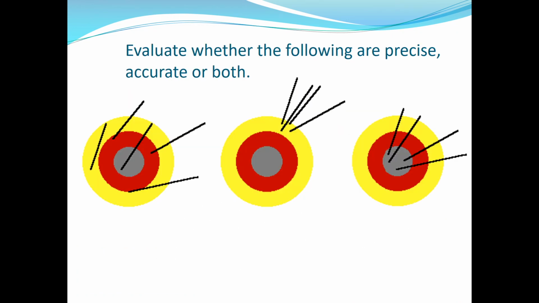Some tools, for example, the more accurate you get, meaning the closer you are to a certain value, or the more precise you get, it can start deviating from the correct value.